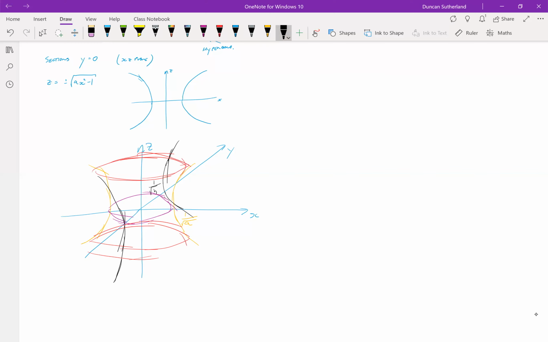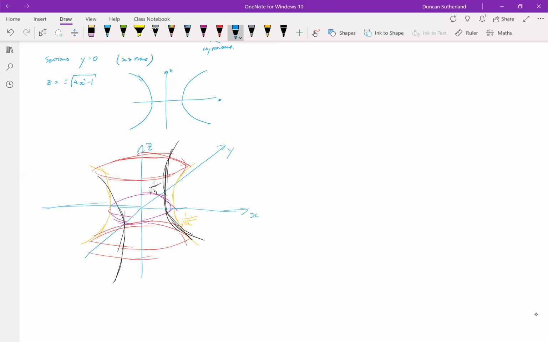I'm just going to try and fix this line because that black line there is really scummy. Oops. All right, and that's the sort of best that I can draw this thing on some axes.